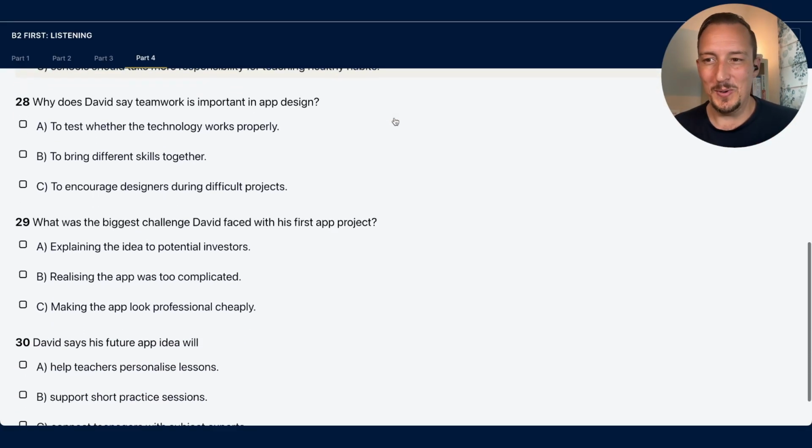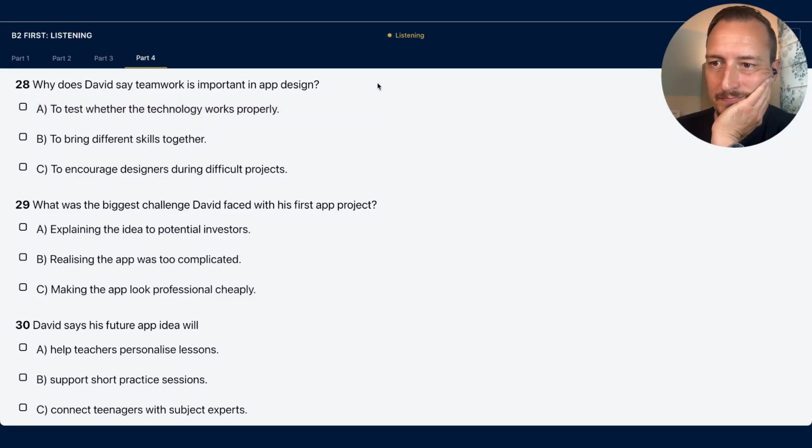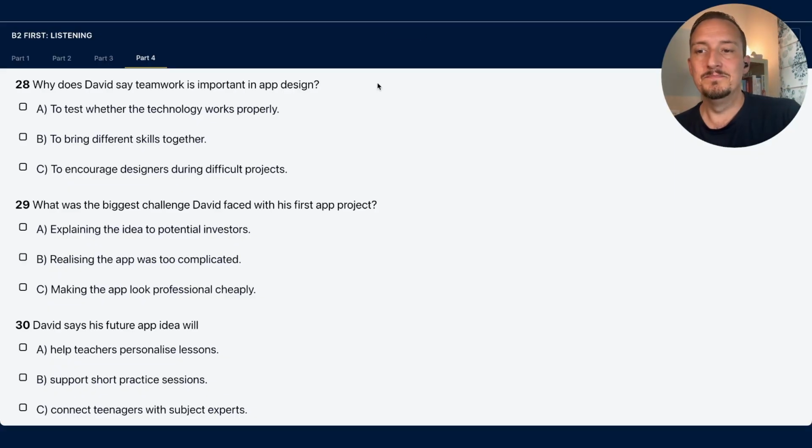On to question 28. Creative, but also technical. How important is teamwork? Very. Designers, developers, writers, and testers all bring different skills, but for me, the real value of a team shows when a project gets difficult. Notice where he cues up the correct answer. He says, yeah, they all bring different skills, but for me, and then what he says here.